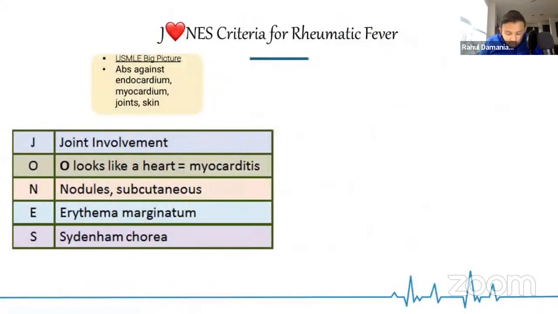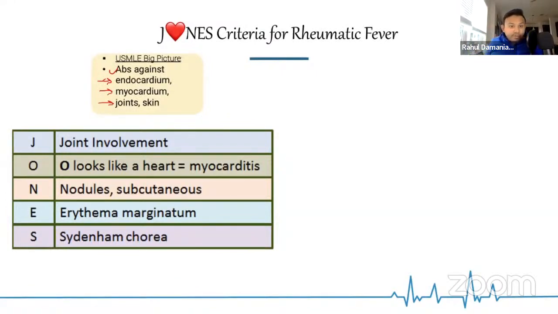So when we think about rheumatic fever, on your exam, what you have to do is look at the big picture and count out those Jones criteria that you'll see throughout your vignette. The big picture here is that you have antibodies to various proteins and tissues, i.e. the endocardium, the myocardium, and the joints as well as skin. So that's the big picture.